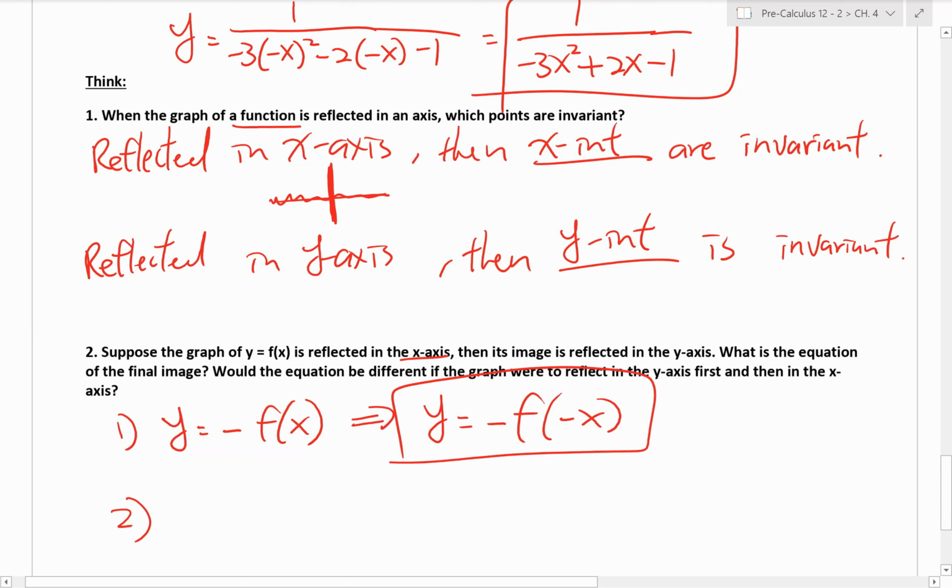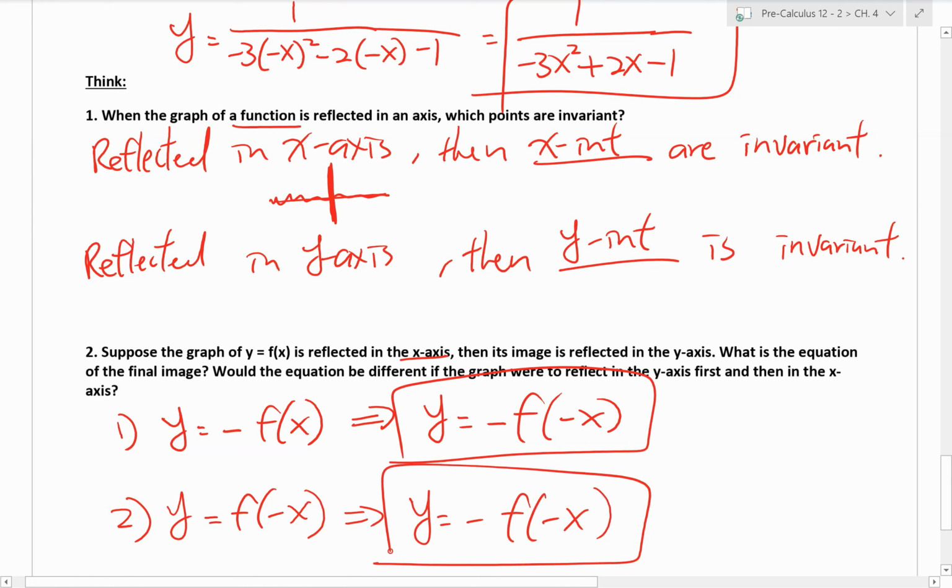Would the equation be different if the graph were reflected in the y-axis first and then in the x-axis? Of course, it's not going to be different, I'll show you. If we have a reflection in the y-axis first, then it is y equals f of negative x. And then we have a reflection in the x-axis, which means we put a negative sign in front of the entire function.